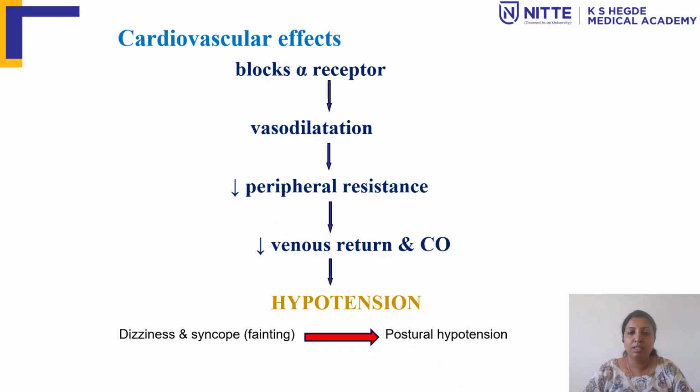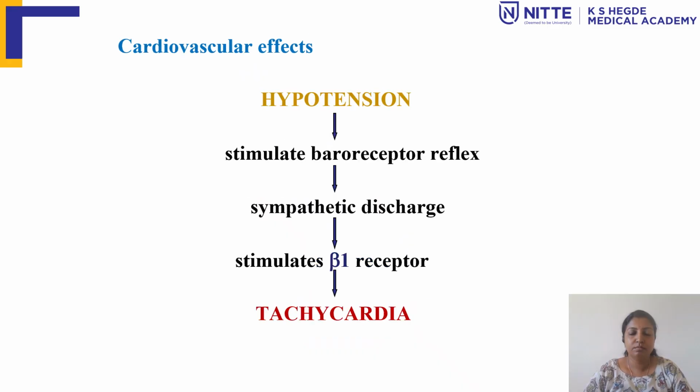There is reduced peripheral resistance and there is pooling of blood in the capacitance vessels. There is reduced venous return and there is reduced cardiac output also. But the postural reflexes are interfered with. So on standing, it can produce postural hypotension, which can lead to dizziness and syncope.